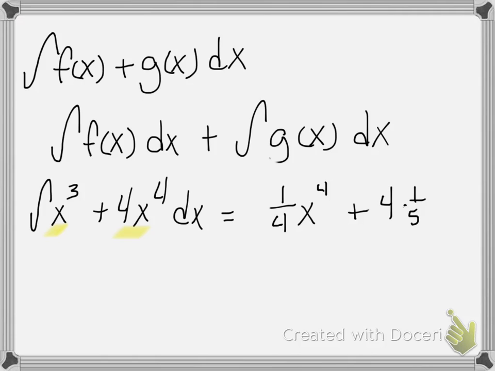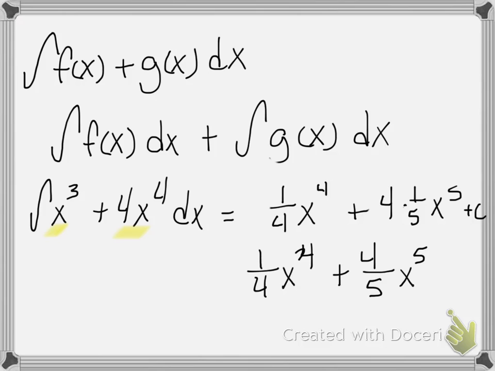So that's going to be 5 x to the 5th. And out here we're going to have our constant still. So that's just going to be 1 over 4 x to the 4th plus 4/5 x to the 5th plus some constant.